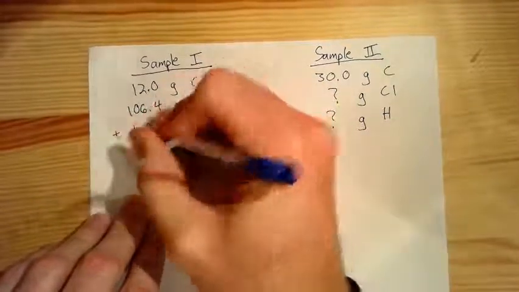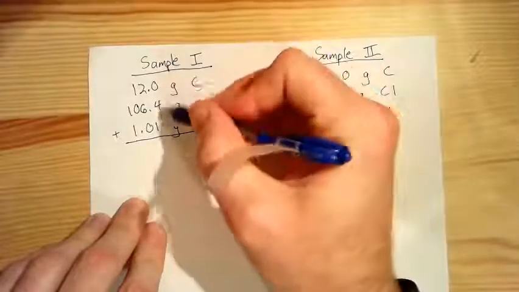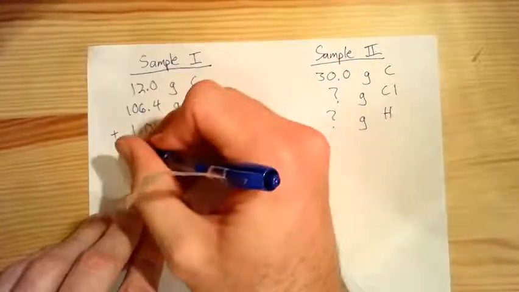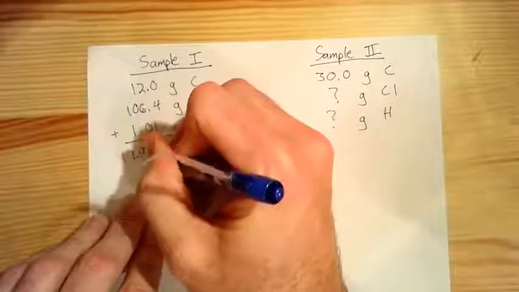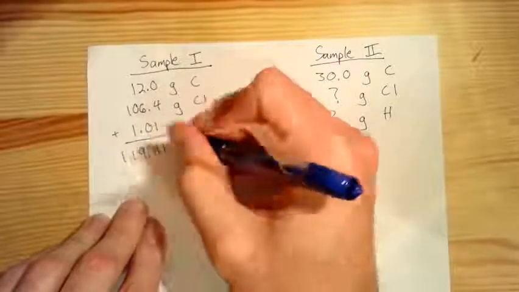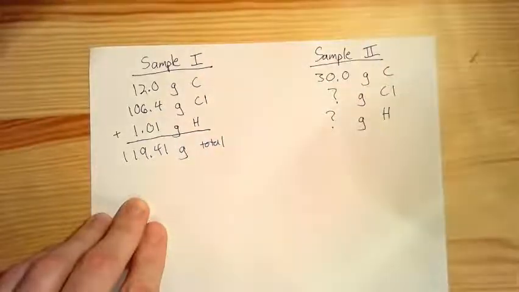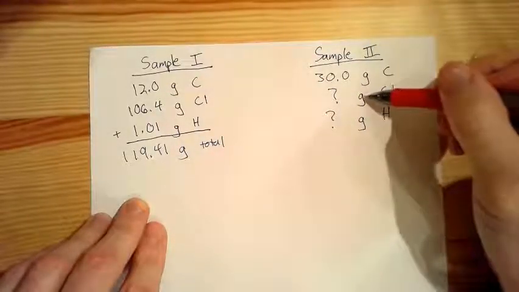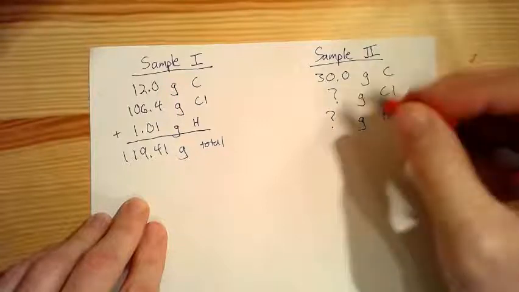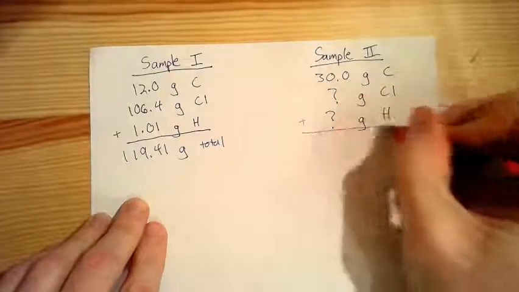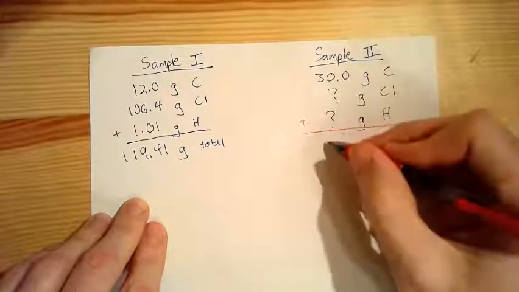If we sum up and find the total mass here, we'll find it to be 119.41 grams. Since I don't know the masses of chlorine or hydrogen, if I add these together, I will get some unknown number.